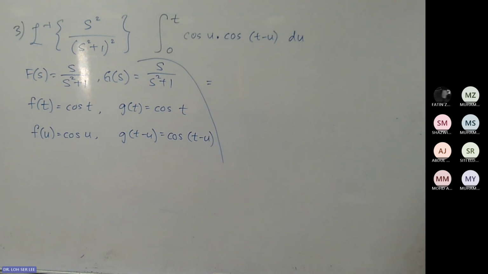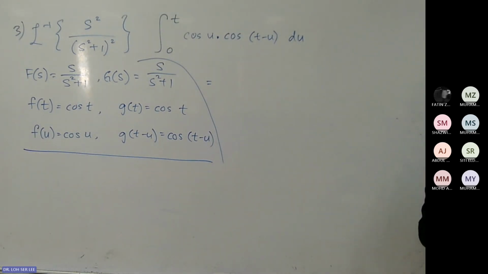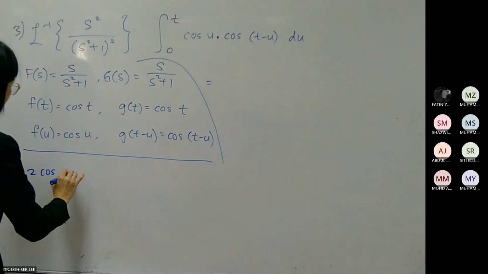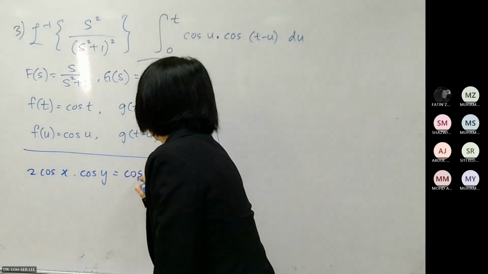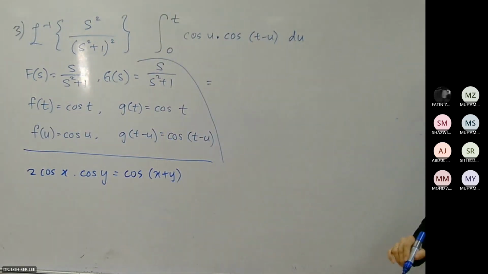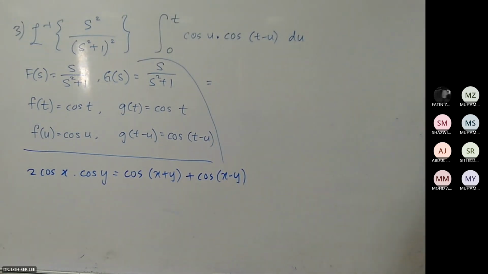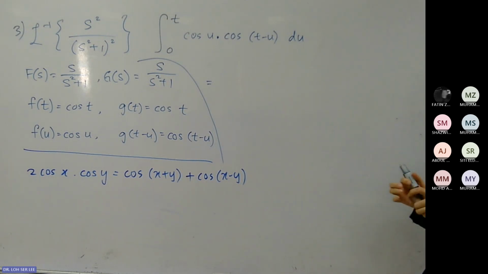The identity is given in the final exam appendix as this: cos of x plus y equals cos cos, plus and minus. So you can get this from the appendix of any of the past years. Normally the appendix is the same across the years.